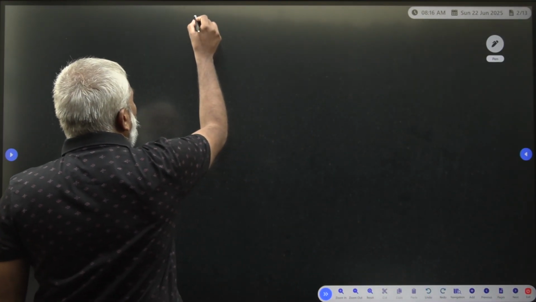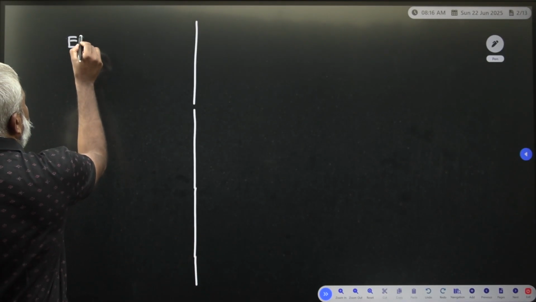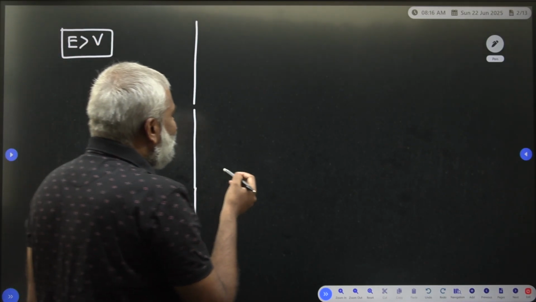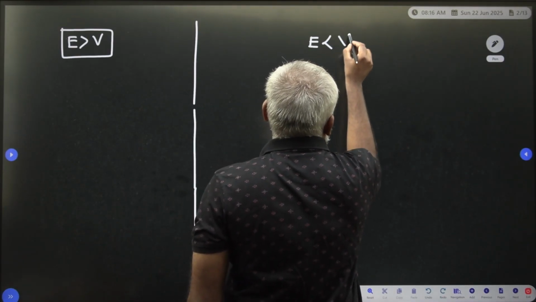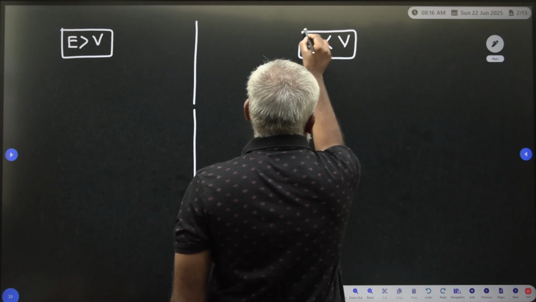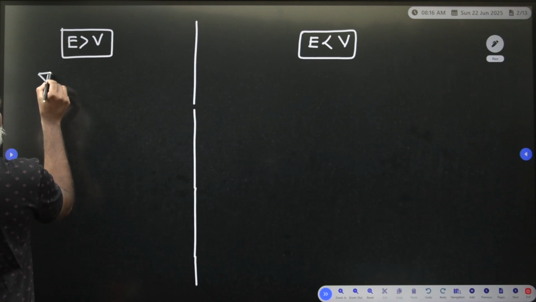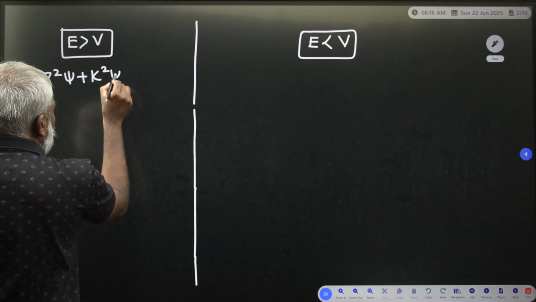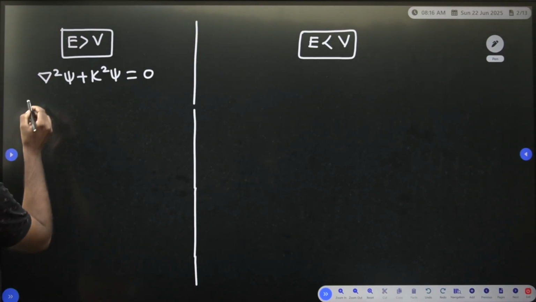Therefore, how do we solve these expressions? We have the cases when E is greater than V and when E is less than V. For E greater than V, our Schrodinger wave equation becomes del square psi plus k square psi is equal to 0.